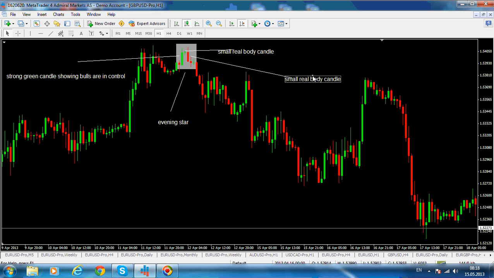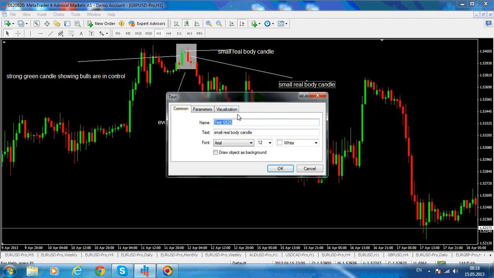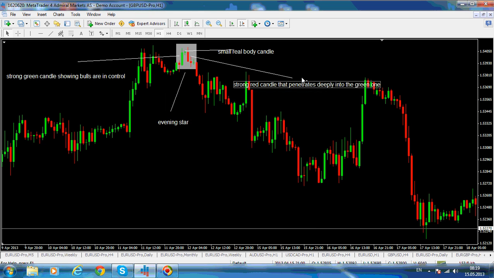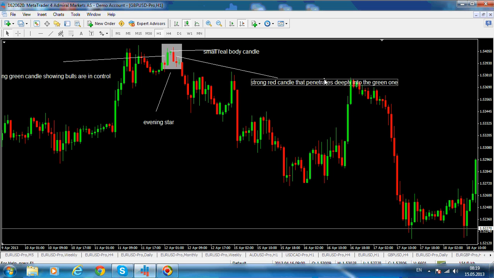And this has one strong red candle that penetrates deeply into the green one's real body, but I'm not going to write that anymore there.